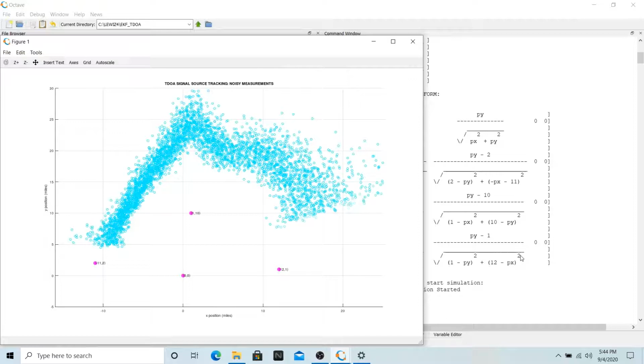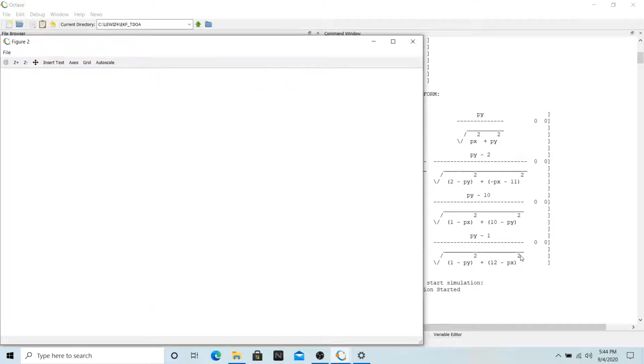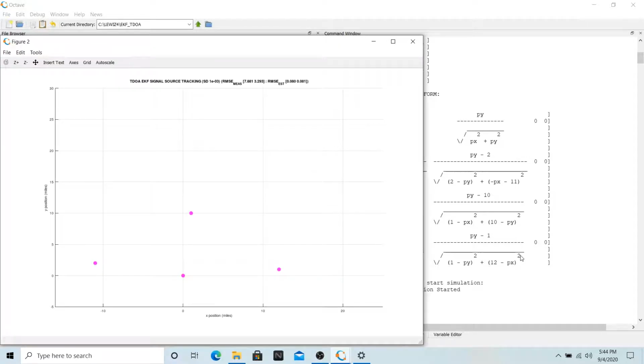All the setup and the object path are the same as before. Now we will see the estimate of the extended Kalman filter for the object position in real time.